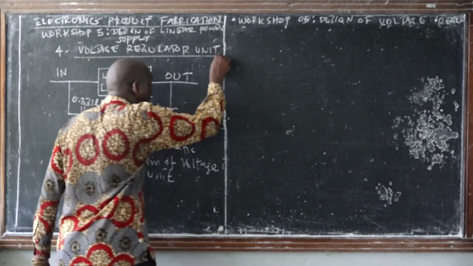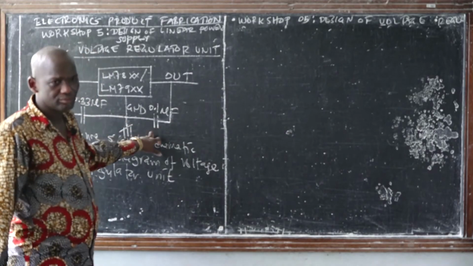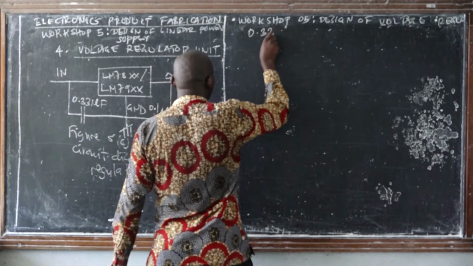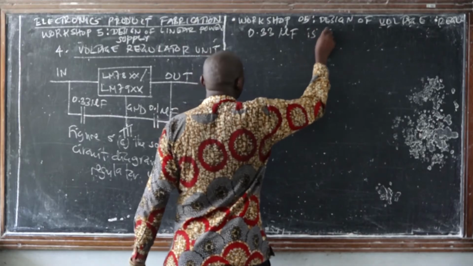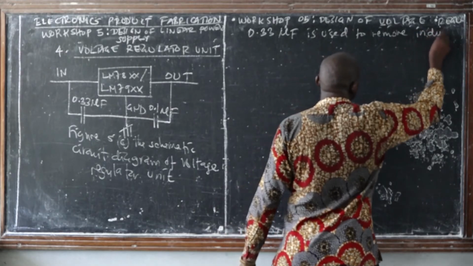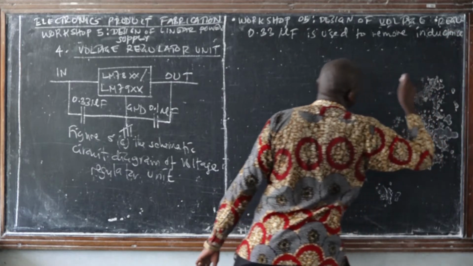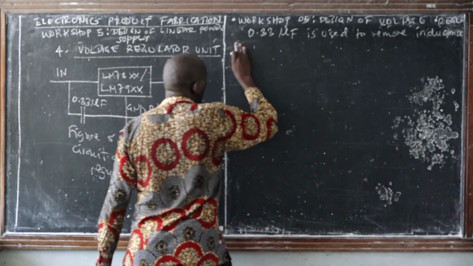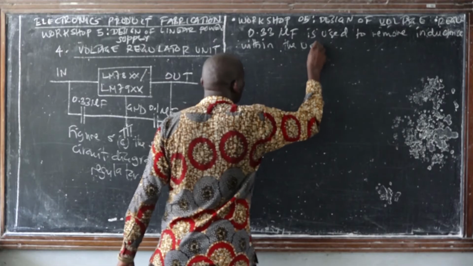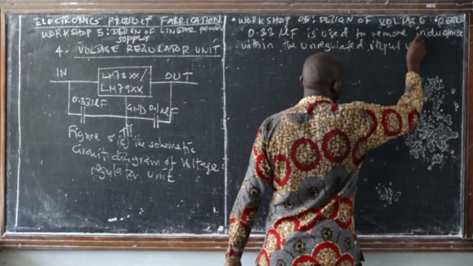So what was the first question that they asked you? Firstly, what is the function of each capacitor? Why do you use them? So the answer to that: we say that the 0.33 microfarad capacitor is used to remove inductance within the unregulated input voltage.